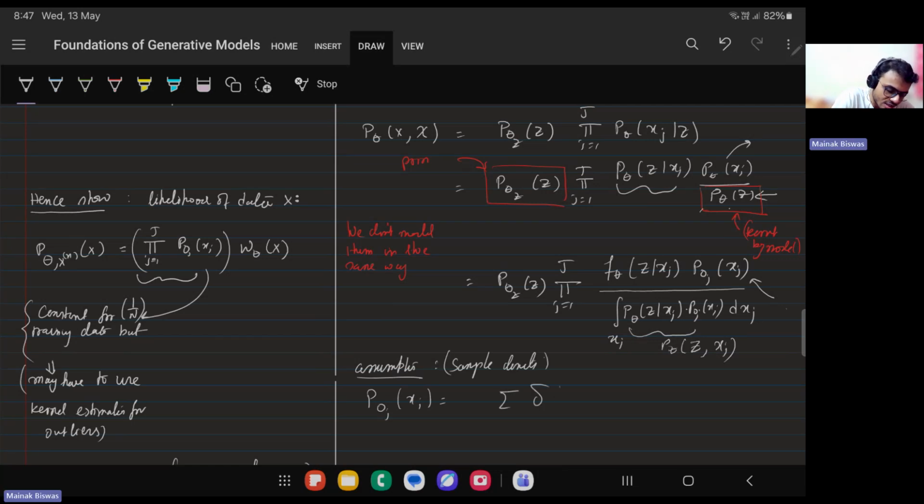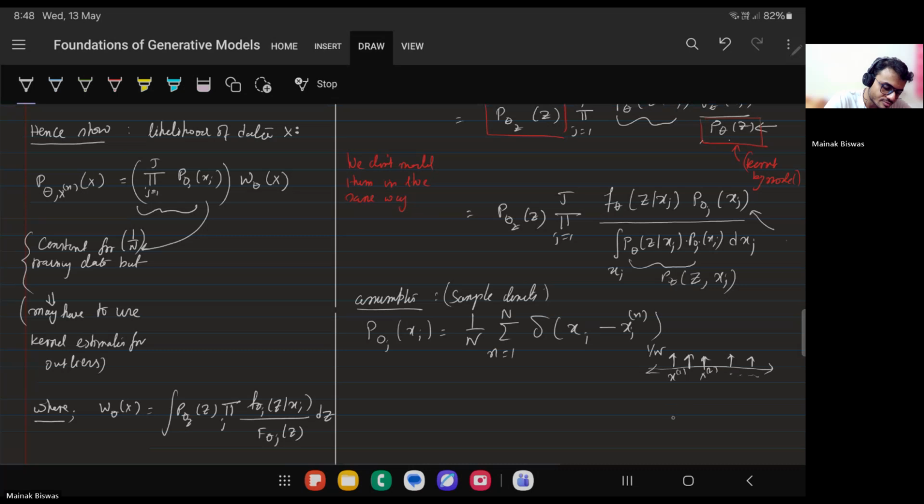In other words, it's a delta Dirac function at xj of all the samples n equal to 1 to N, with probability 1 by N. It's a delta train over wherever x1, x2, all the data points are.